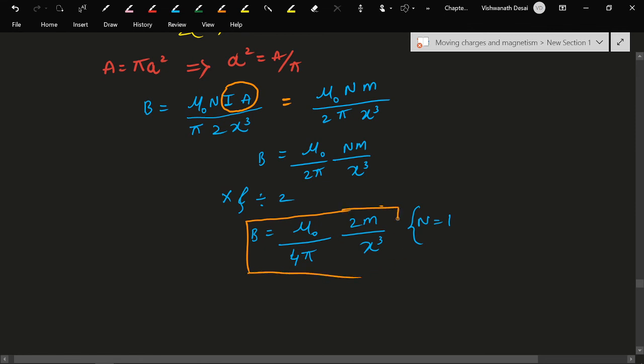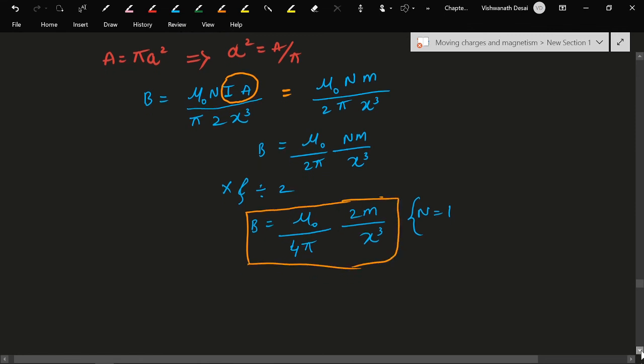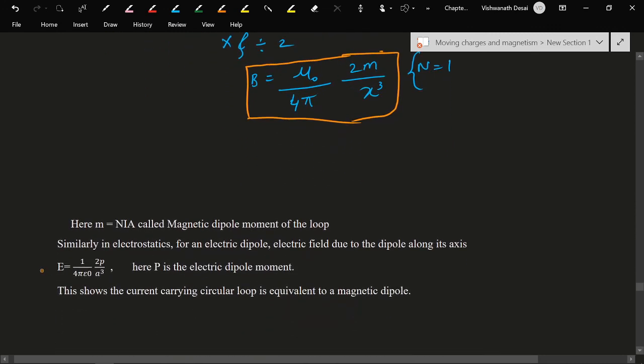Does this equation look like the equation E is equal to 1 divided by 4 pi epsilon naught times 2p divided by a cube, which we studied? This is the expression for the electric field along the axial line of an electric dipole, where P is the electric dipole moment, epsilon naught is the permittivity of free space, E is the electric field, and a is the distance where we are finding the electric field.